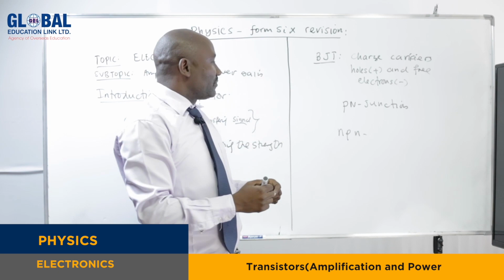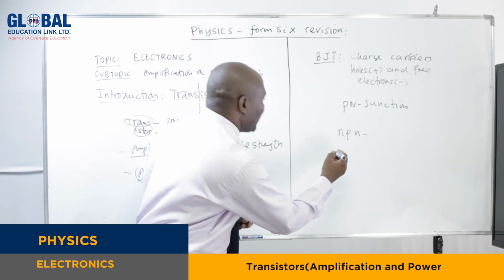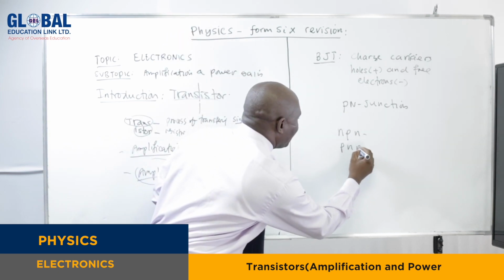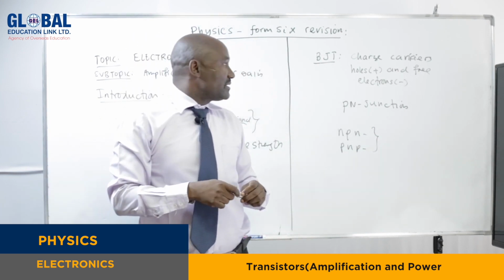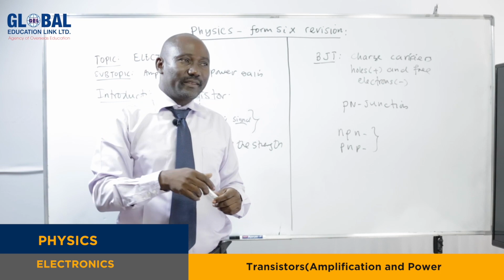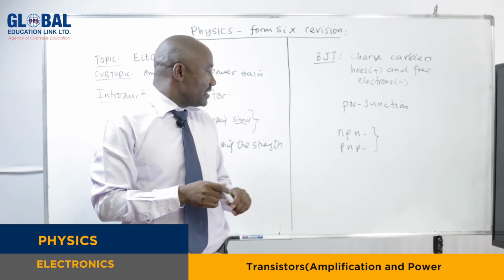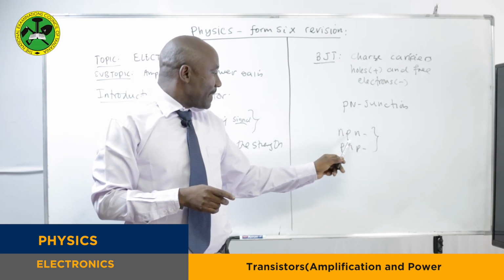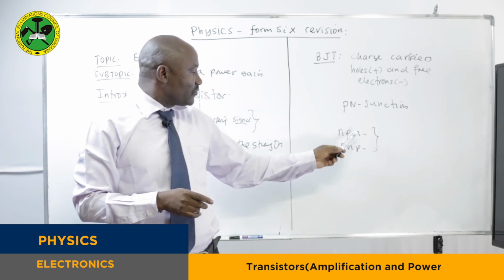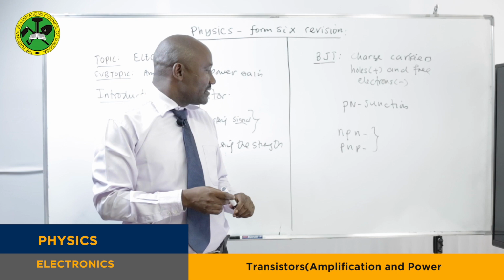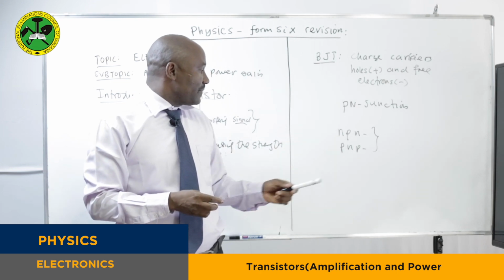If you dope with the P on the other side, you can have PNP. So these are the two types of bipolar transistor, depending on how you dope the type of materials with the PN junctions. So this is the PNP, and this is the NPN. And you can see the two types of bipolar junction, or bipolar transistor.